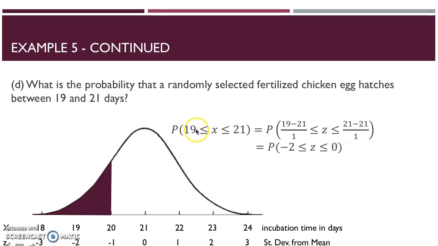So I plug in 19 for x, subtract the mean of 21, divide by the standard deviation of 1. That gives me -2. I take 21 minus 21, divided by 1, that gives me 0. So I go back to the earlier slide. To find that area, I would have to look up 0 on the chart and then look up -2 on the chart and subtract the two areas that I find to get the final probability of 0.4772.